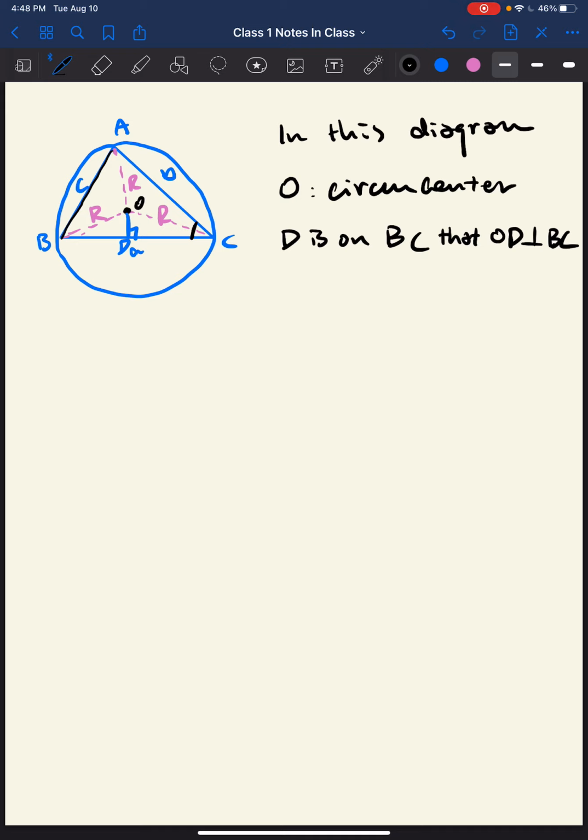The reason why I make this line is because if we look carefully, triangle BOC is an isosceles triangle. So OB equals OC equals R, both of them equal to the circumradius. Triangle OBC is an isosceles triangle.